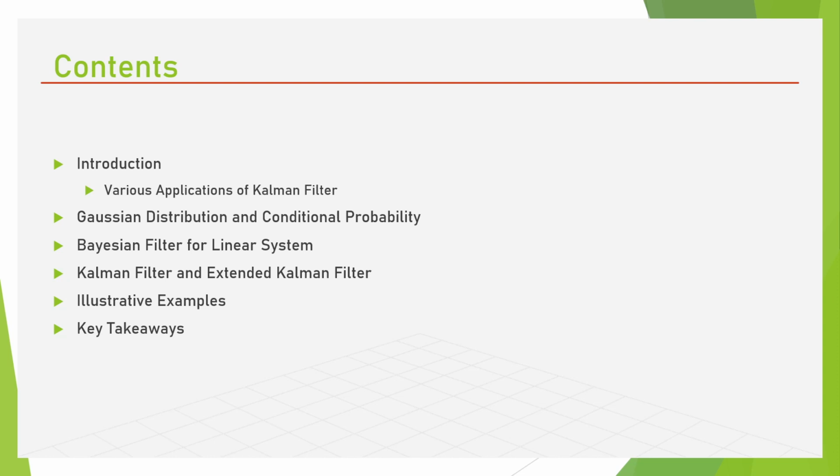And then I will introduce a Bayesian filter for linear system, and then the core of the lecture today is the Kalman filter based on the theory of Bayesian filter. Then I will give illustrative examples, and I will end this lecture with some key takeaways.